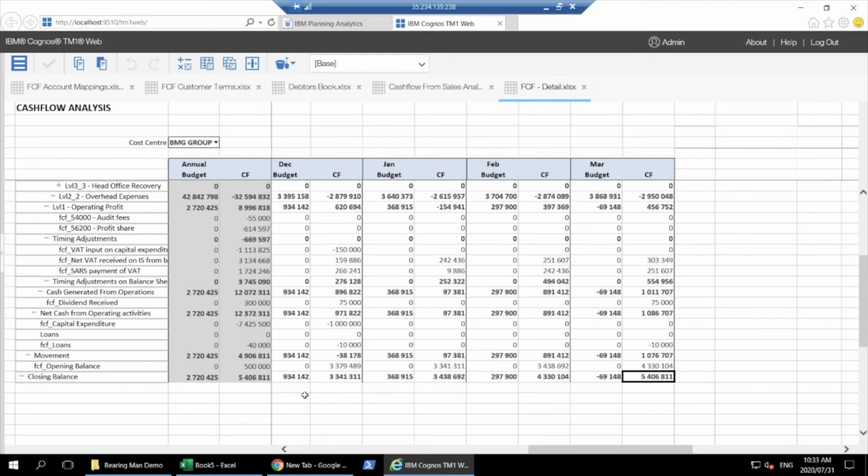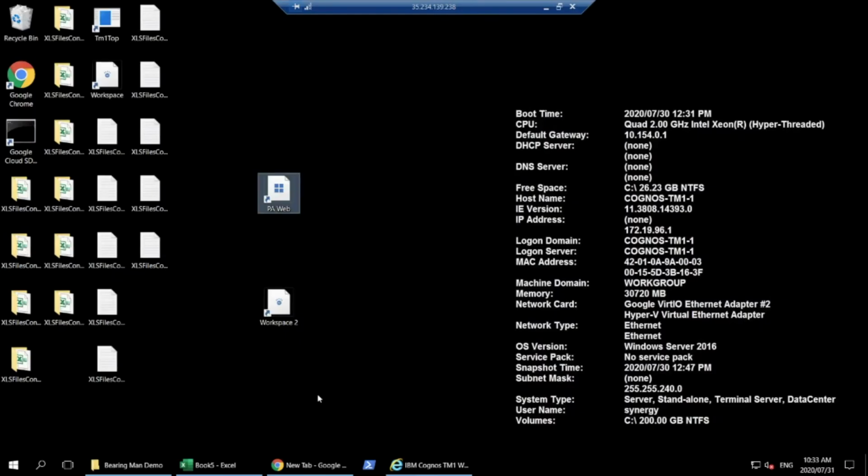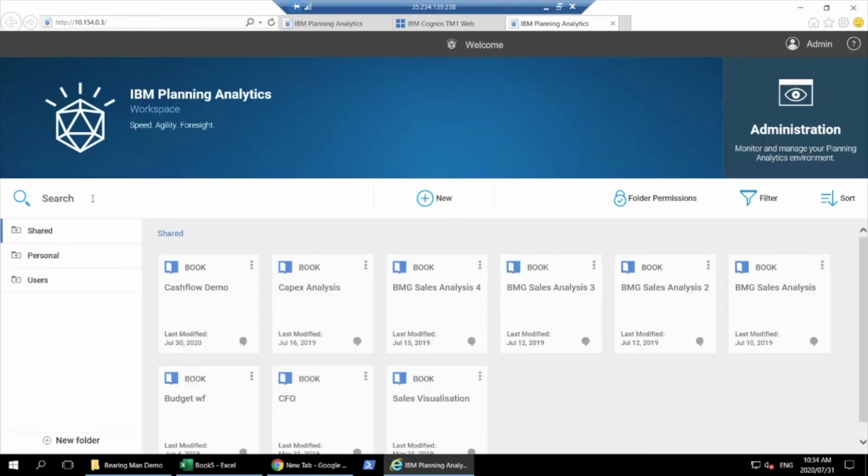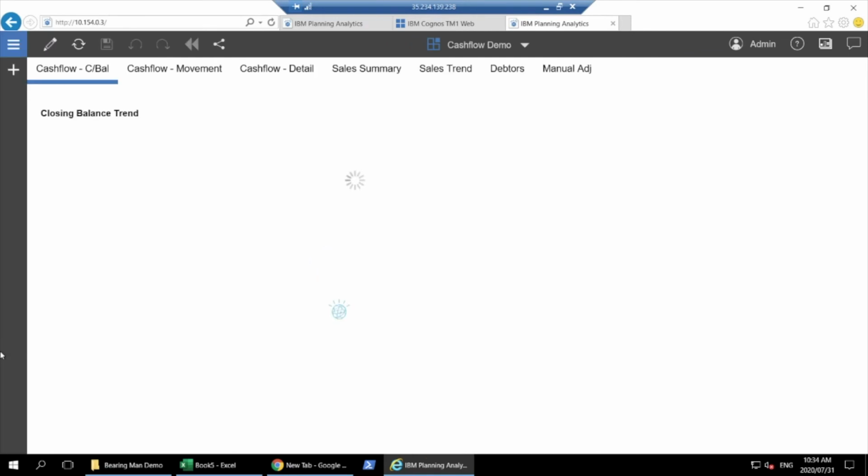So if I go to my desktop and open up Workspace, let's have a look at the numbers from a dashboarding point of view. Just nicer to look at and easier to play with.